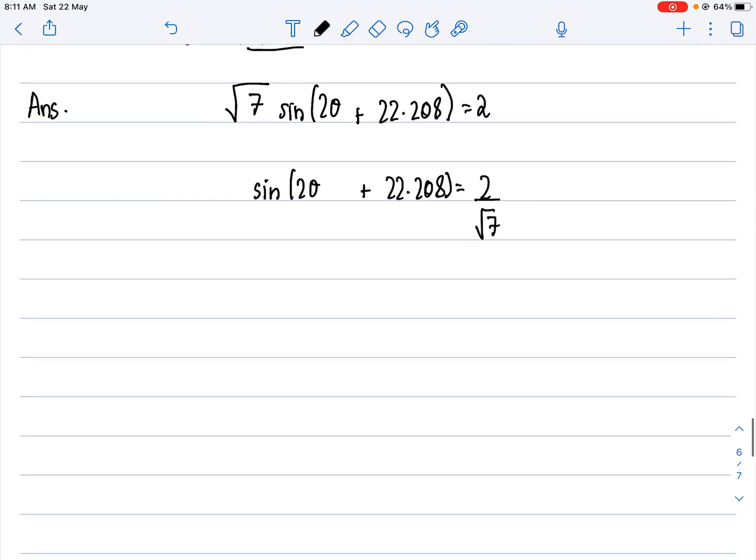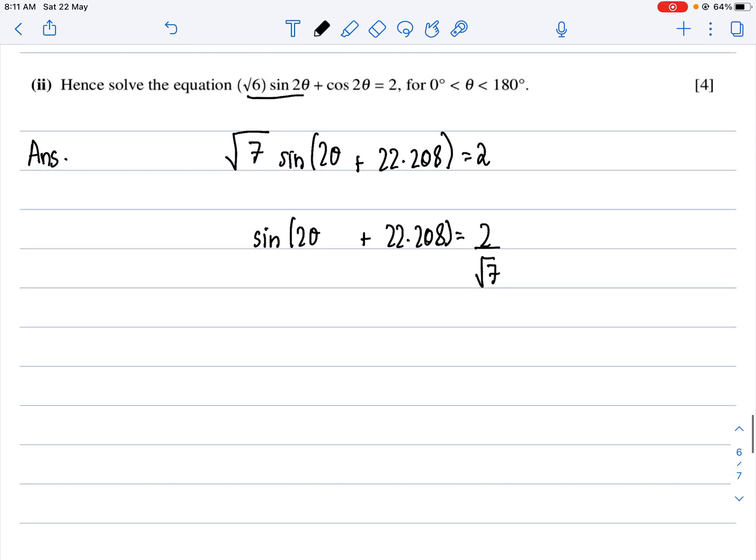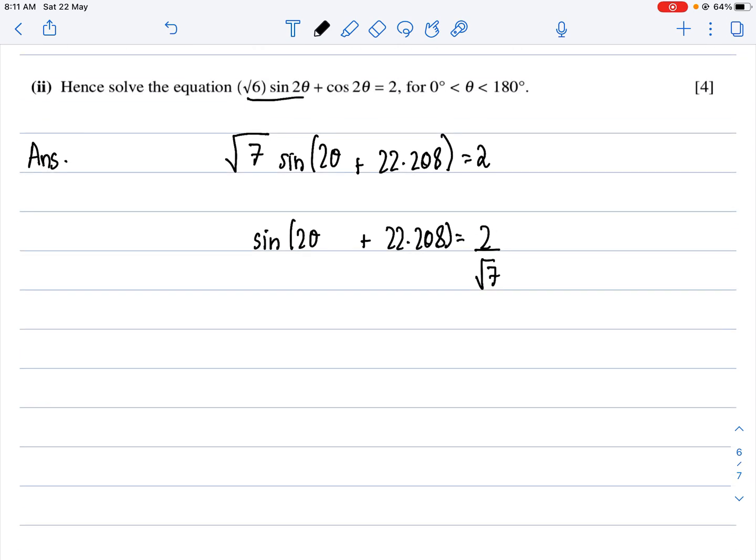Before that, we need sine to be positive. I know sine is positive in the first quadrant and the second quadrant in ASTC.